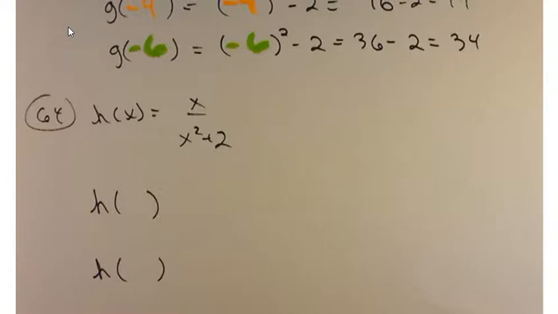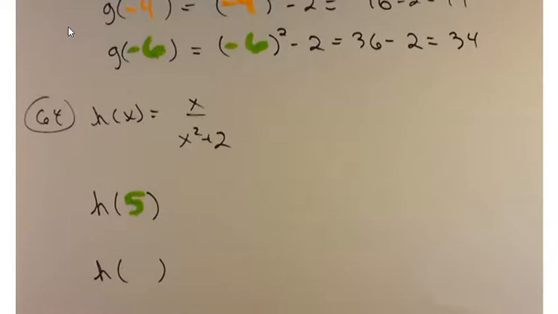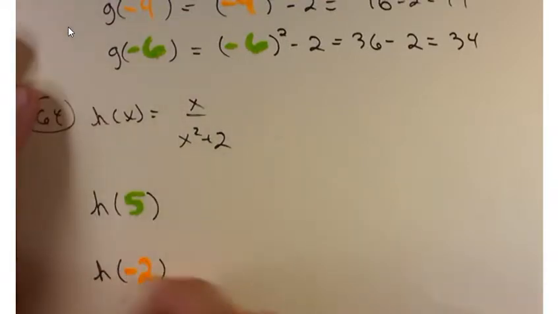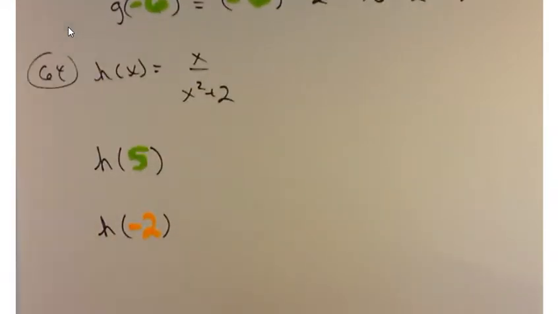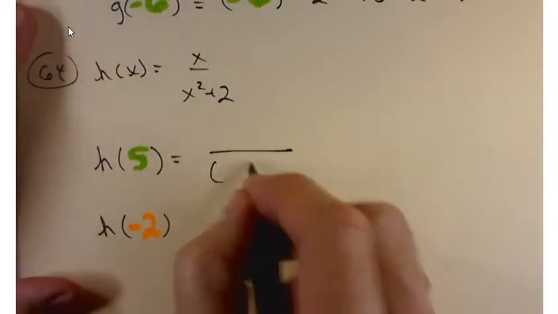We'll start out with h of 5 and h of negative 2. So h of 5 and h of negative 2. This one, in addition to yet a different letter again, is a little bit different in as much as there's 2 places to plug in the value for x. So make sure you do both of them.